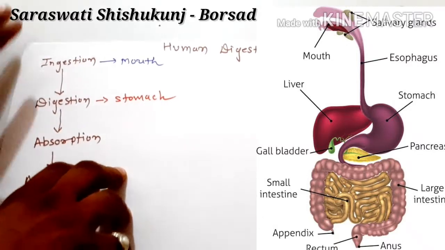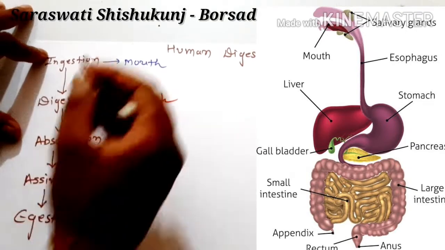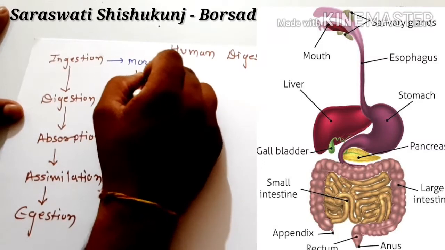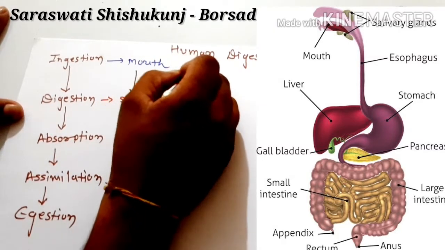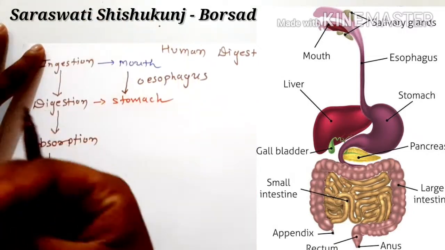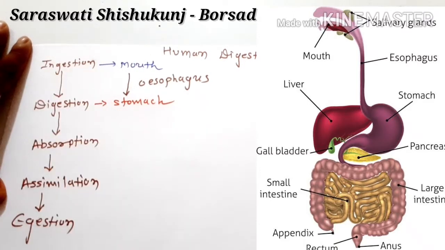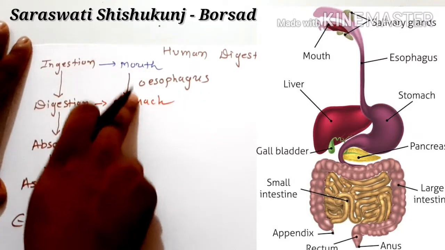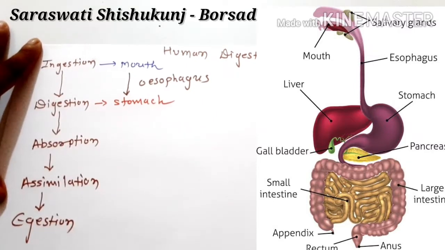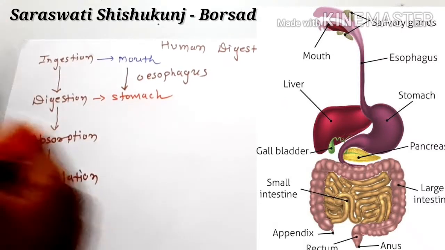Food is taken by the mouth, that is our process of ingestion. From the mouth, through our food pipe, also called the esophagus, it goes into the stomach. There the digestion of food is going to take place. Then it comes to absorption, where absorption will be done.